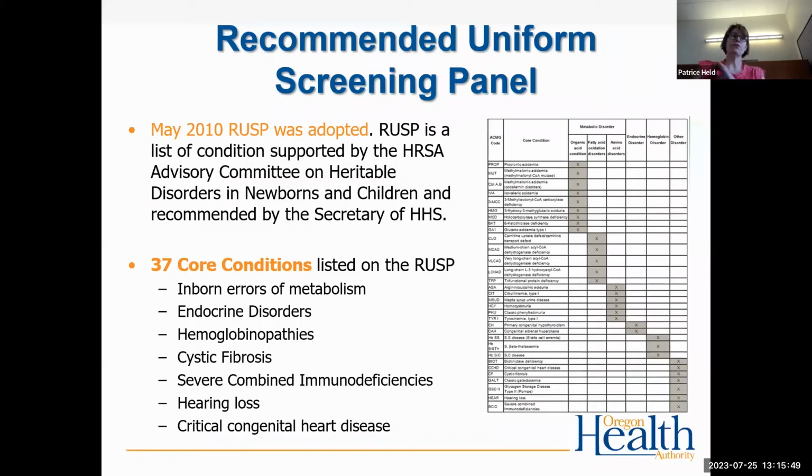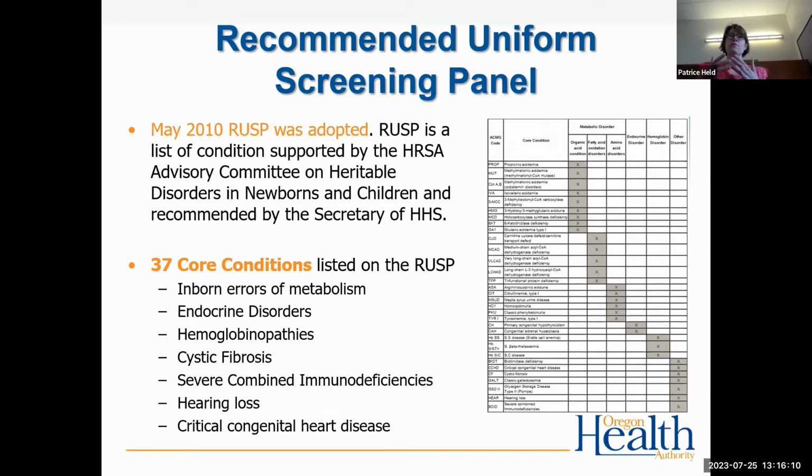In May of 2010, so going back a little ways, there was the creation of the National Recommended Uniform Screening Panel. And the RUSP is a list of conditions that are ready for screening, and it can serve as a guide for newborn screening laboratories.